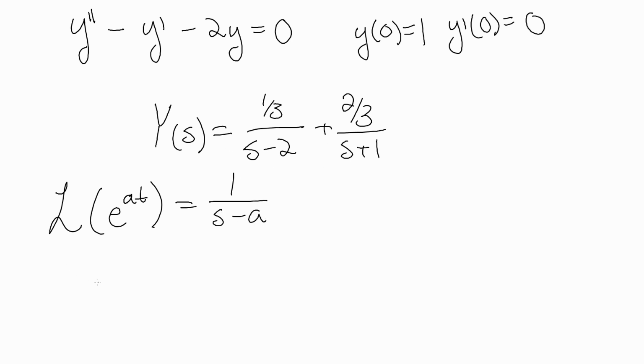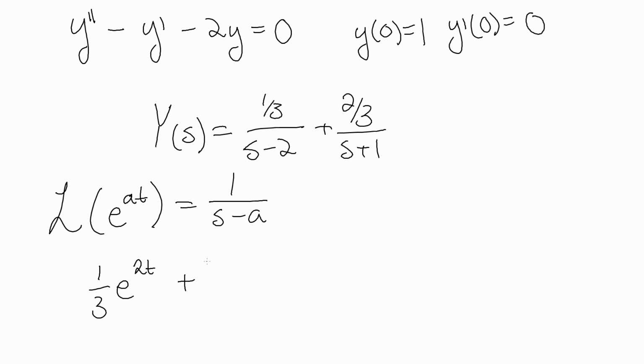Okay, so for the first term, we're going to have a coefficient of 1/3 pulled out, and then this would now be 1 over s minus 2. So a here is 2, so this is going to be e to the 2t. Okay, now, again, because of linearity, we can just add and move on to the second term.